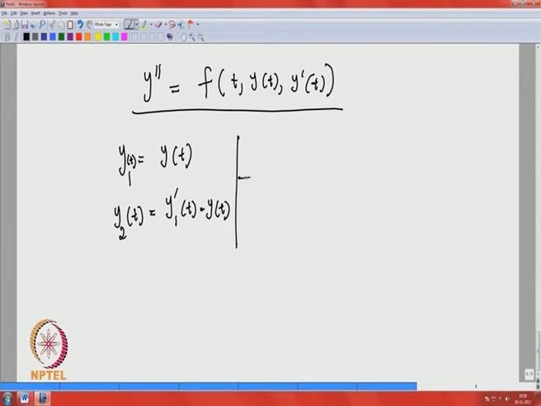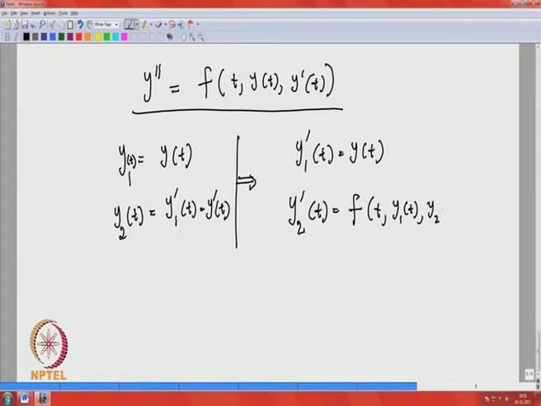So, with this together, if you apply this here, what is y1 prime of t? It is equal to y2 of t. And then y2 prime of t is nothing but y double prime of t, that is nothing but f of t, y1 of t and y2 of t, you see.